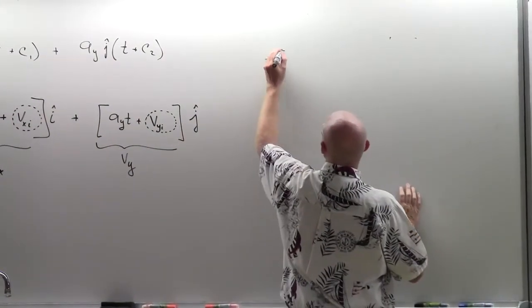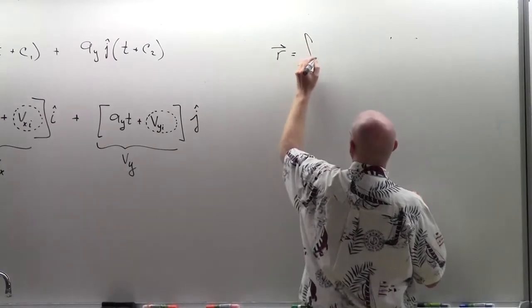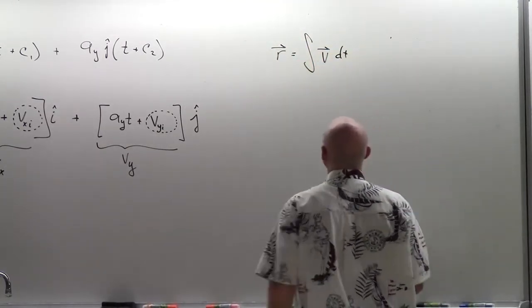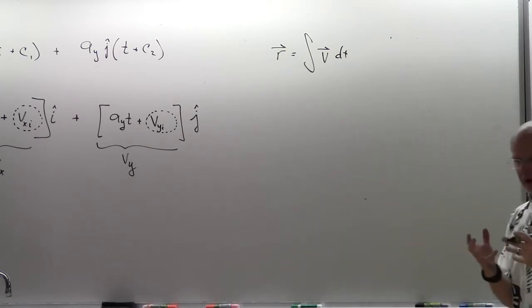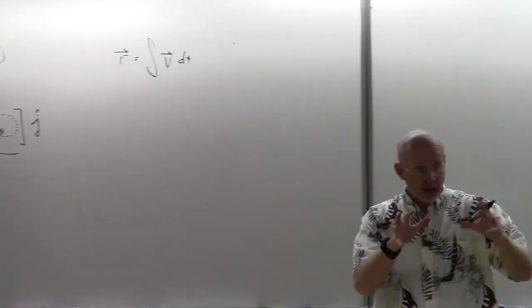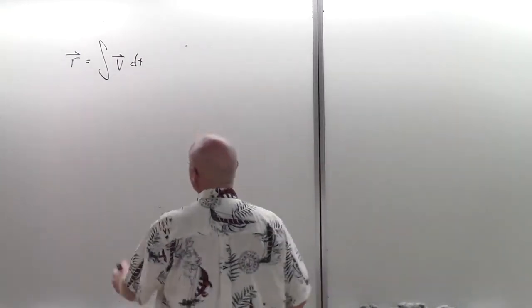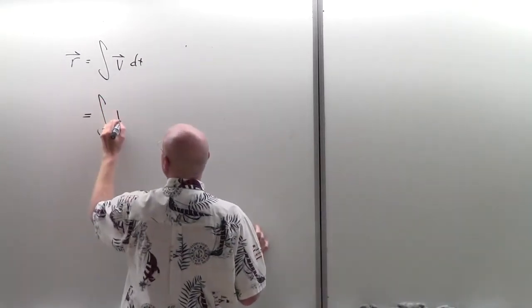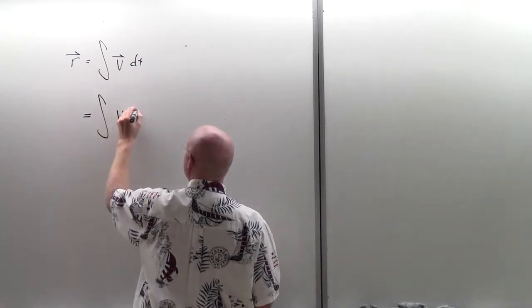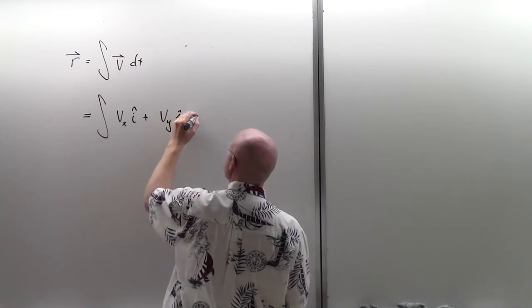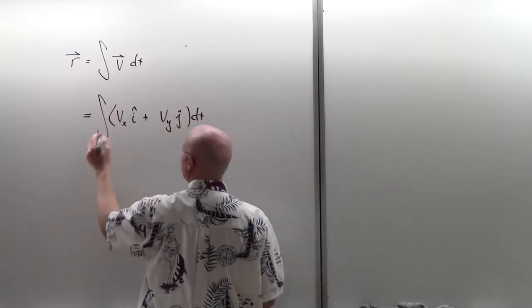Let's say the position vector is the integral of the velocity vector. And I guess that would be its short form, because those little arrowheads really mean that there's an x component and a y component. And so this really means velocity in the x, I hat, and velocity in the y, j hat, dt.